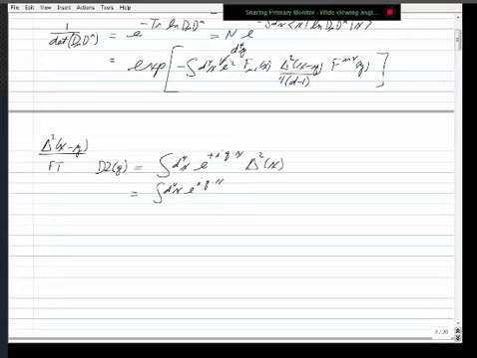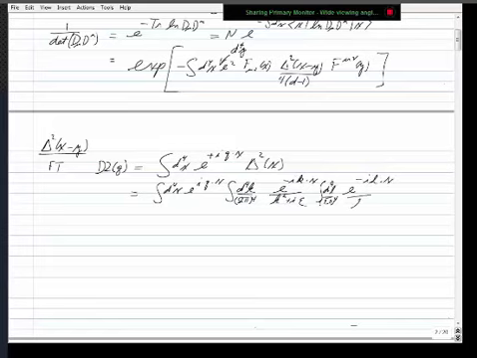Now, we have integral representations for δ(x minus y). But let's look at what happens when we do δ squared. So I'm going to Fourier transform it. Let me just call the Fourier transform D2(q). It is the integral d⁴x e to the plus i q·x of δ²(x).